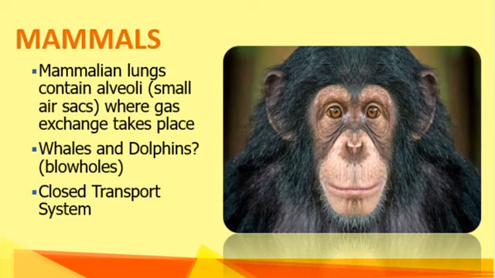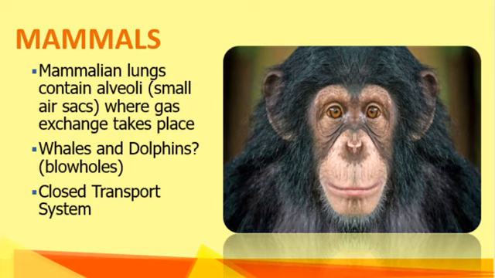Mammals are considered to have a closed transport system because we have blood, and that blood is found in the blood vessels. Blood never leaves the blood vessels. It just travels from one area to another. So it's bad if we have internal bleeding in the body because blood vessels should store the blood.